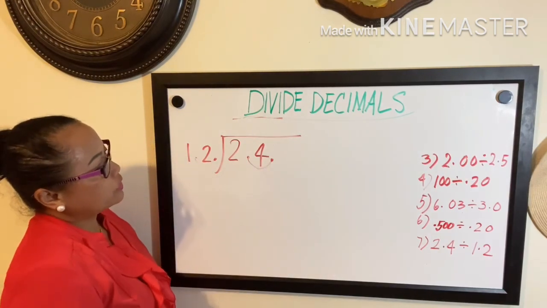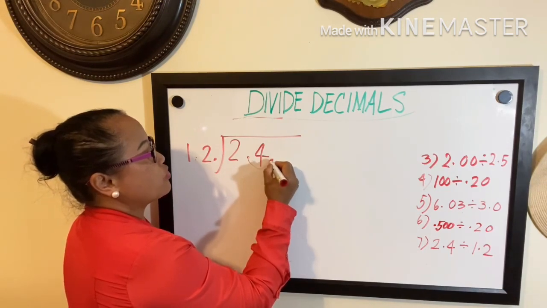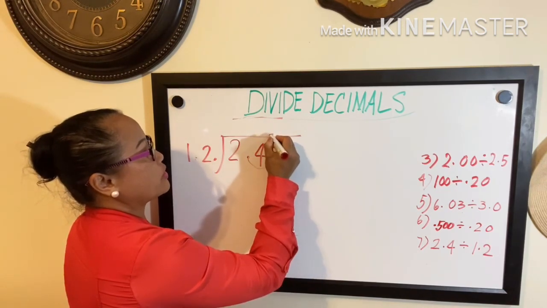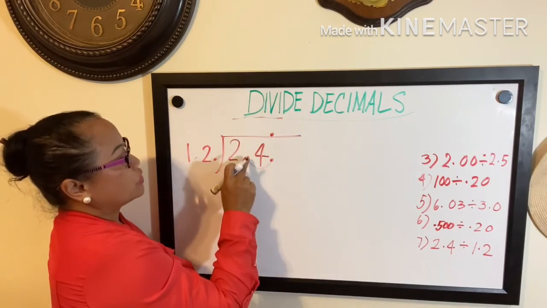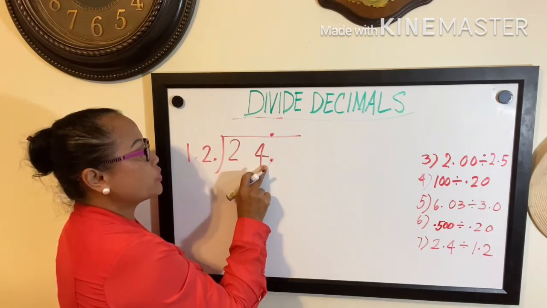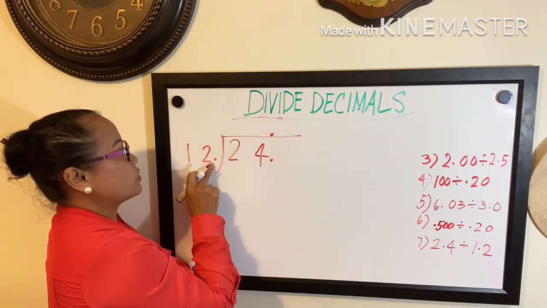Okay? So, after moving, because we moved here, we'll put the decimal straight here immediately. So we'll erase this so we will not confuse. And we'll erase this so we will not confuse.